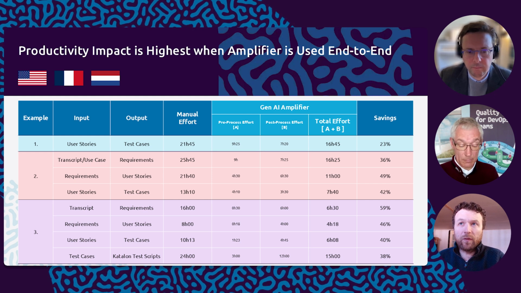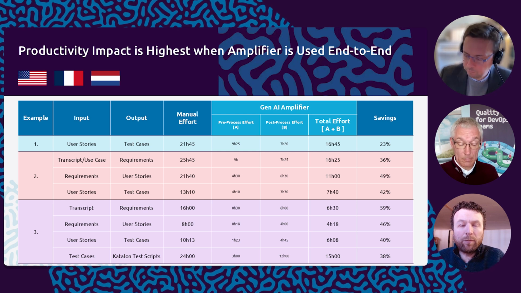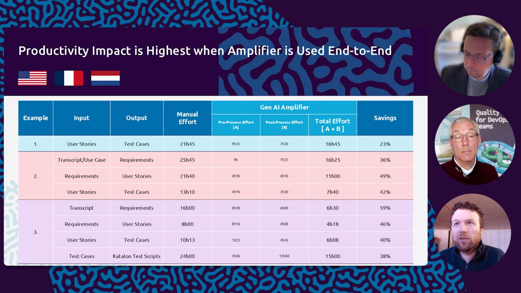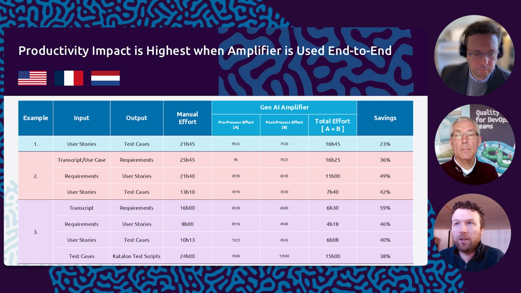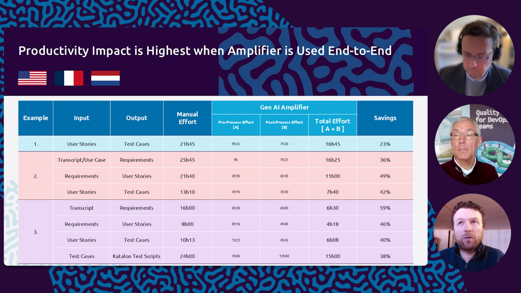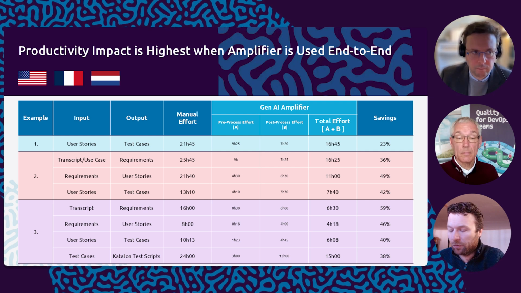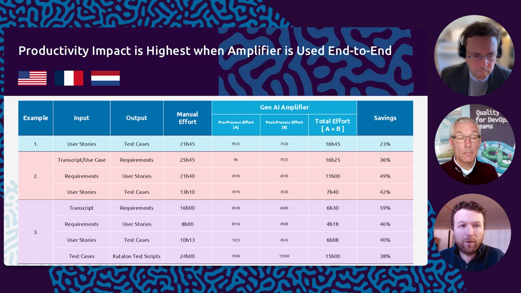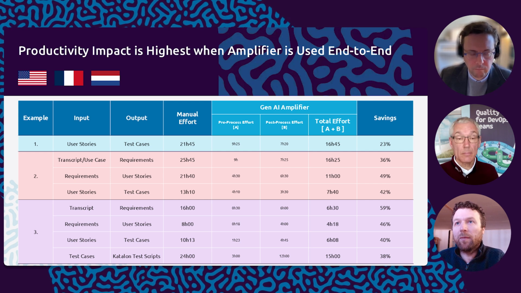What you also see in this slide is that it is not completely replacing manual effort. You still see, in the columns about Gen AI Amplifier, the time needed to prepare the input. Antoine was referring to it during the demo, that he just used our plain document and didn't optimize it yet.